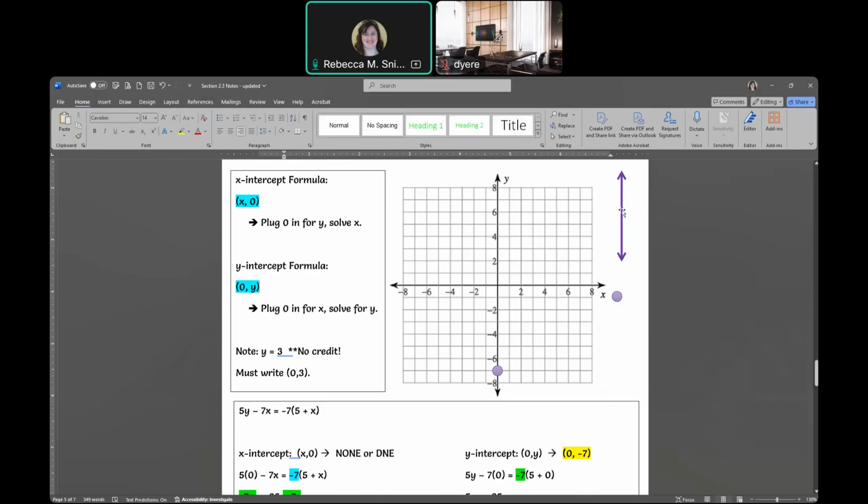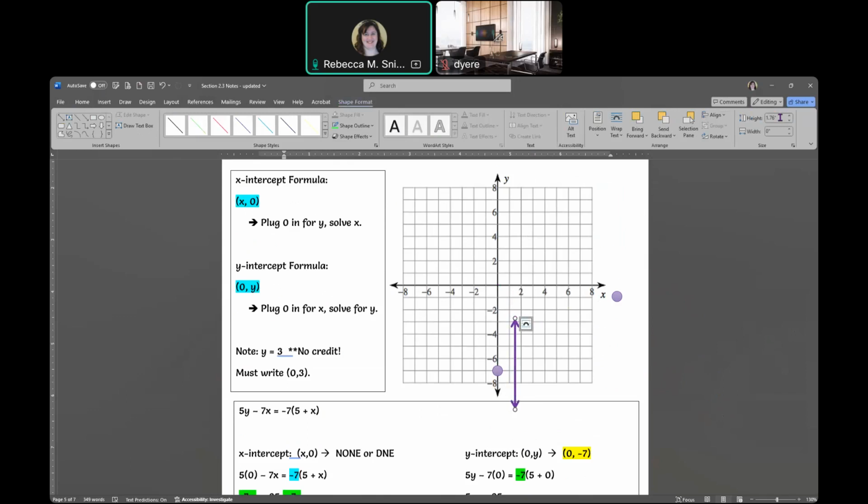The second part is to graph your line. Here, my line is going to be a horizontal line that goes through on both ends of my equation, and it would kind of look like this.